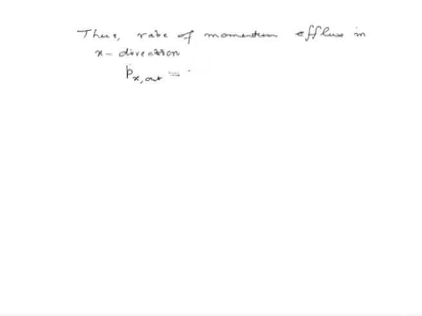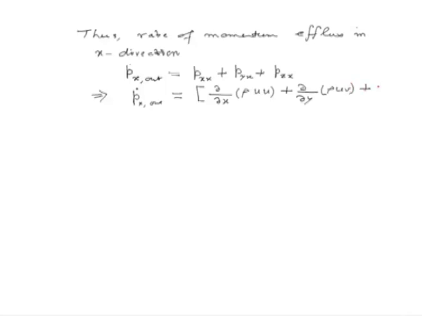This is sum of three terms which I have done earlier, Pxx plus Pyx plus Pzx. This can be written as del over del x of rho u u plus partial derivative with respect to y of rho u v plus partial derivative with respect to z of rho u w.